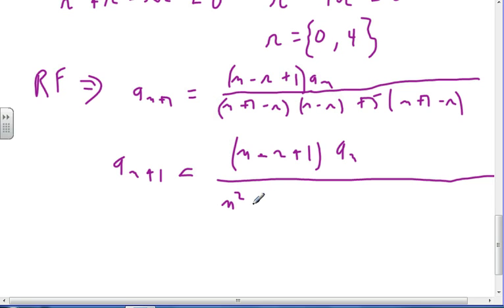I have minus 2 nr's. I've got a plus n. I've got a minus r. I've got a plus r squared. I've got a plus 5n. I've got a plus 5. I've got a minus 5r. Is that what I have?